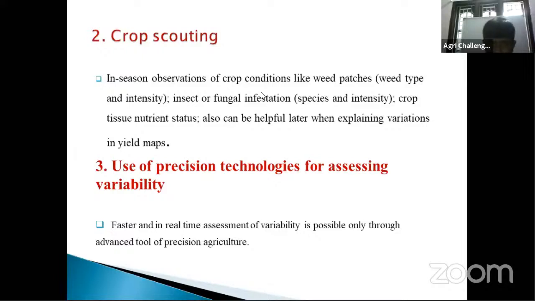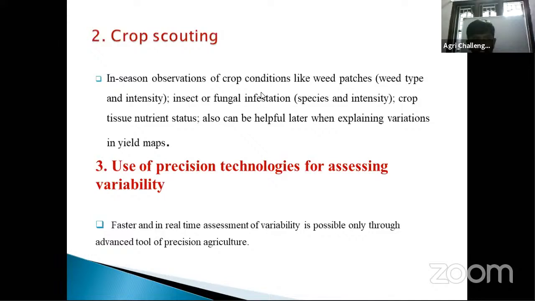The next one is use of precision technology for assessing the variability. Faster and real-time assessment of variability is possible only through advanced tools of precision agriculture.